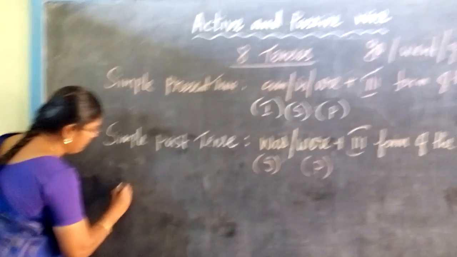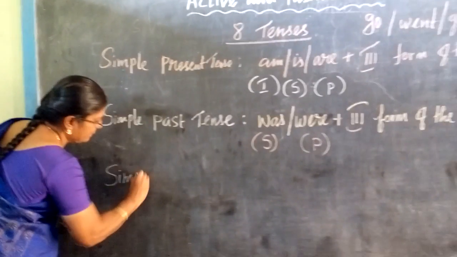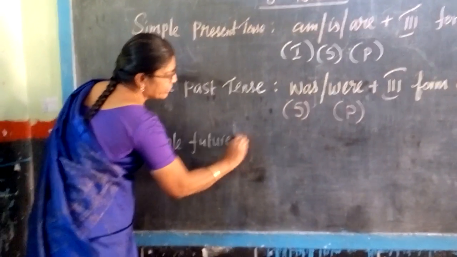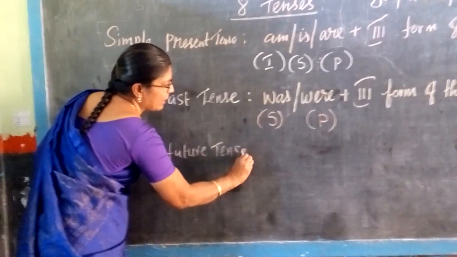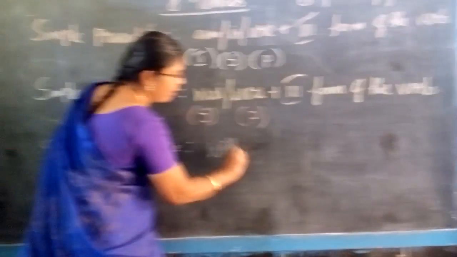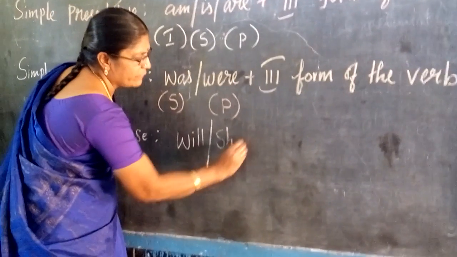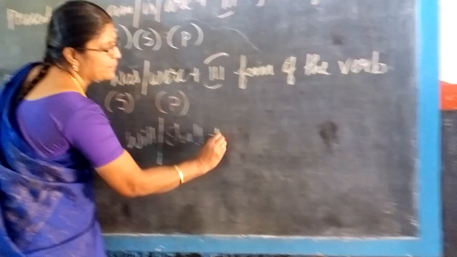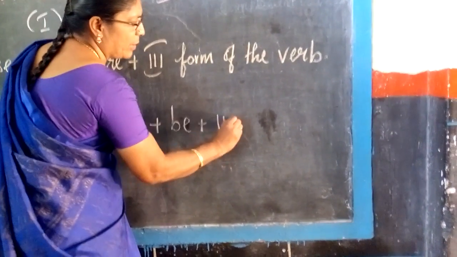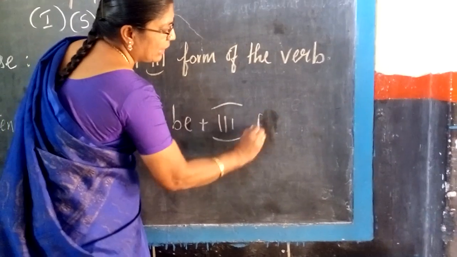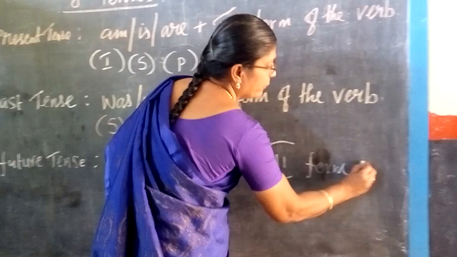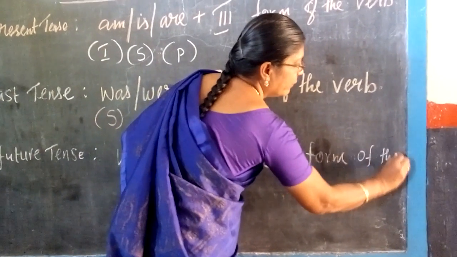Next, simple future tense. The formula for the simple future tense is will or shall plus be plus third form of the verb.